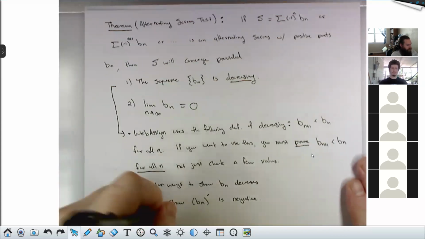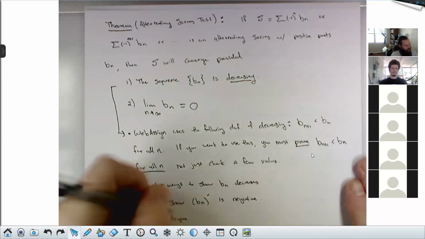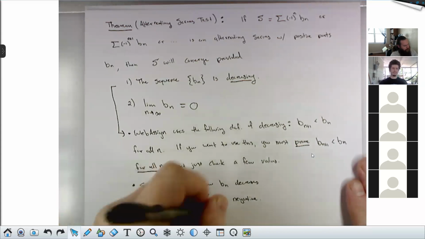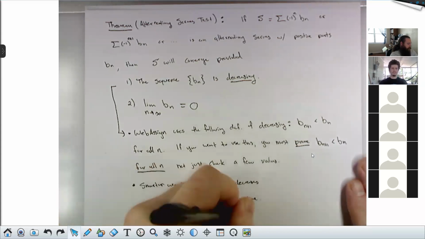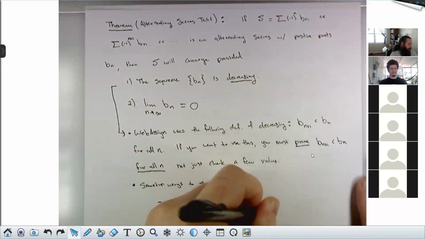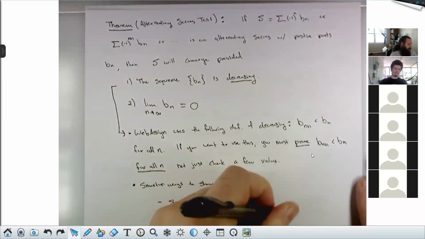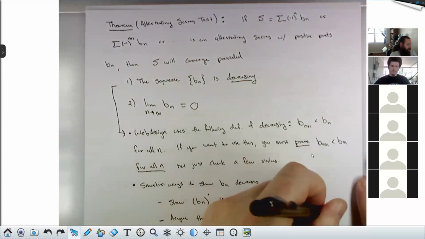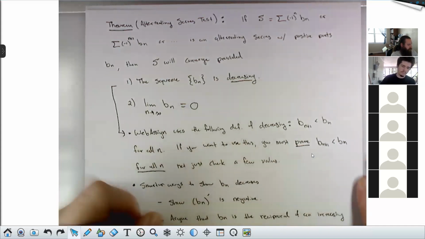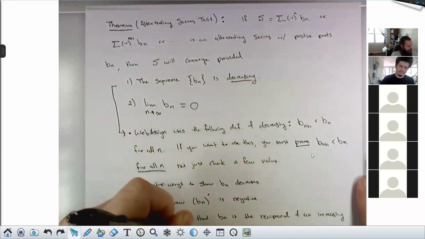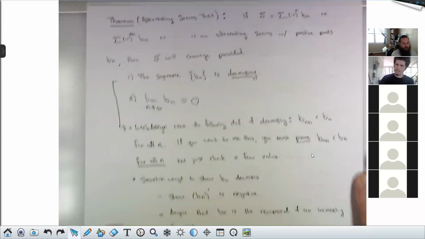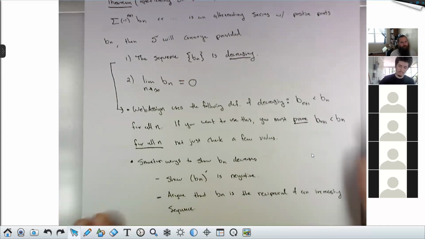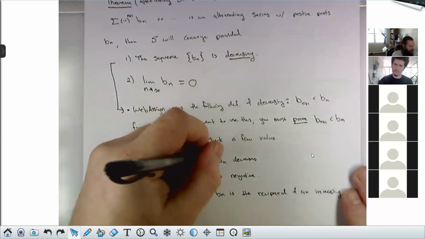Or argue that Bn is the reciprocal of an increasing sequence. Just like for the integral test. I suppose I should be putting this Bn in curly braces.